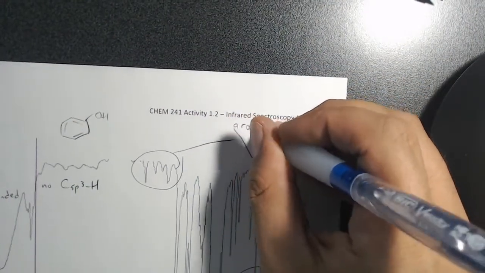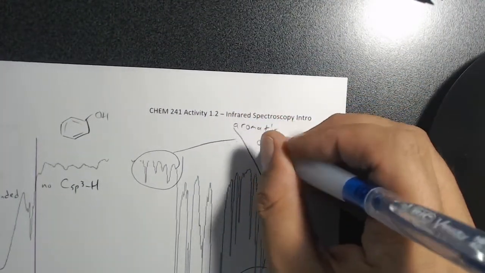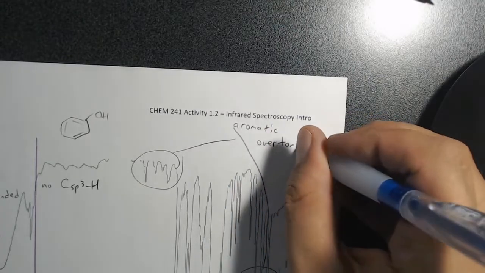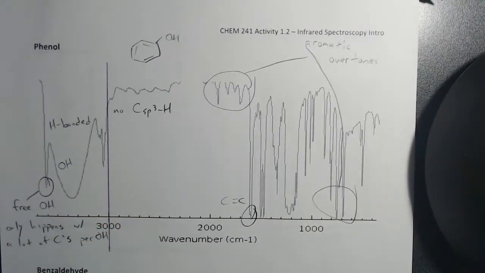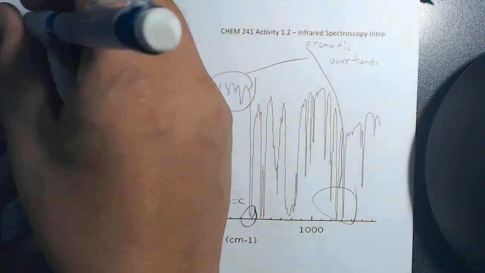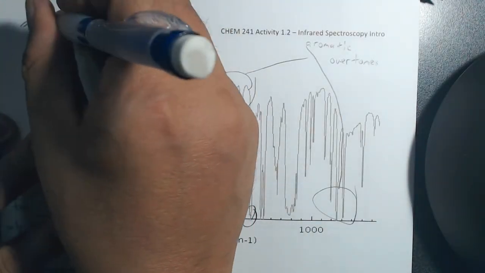So aromatic overtones, and these are not 100% reliable. And the reason why they are not 100% reliable is because I don't have the spectra offhand here, but I do remember the compound.